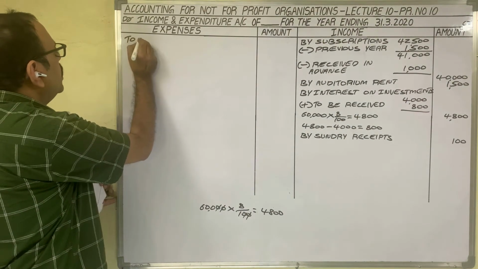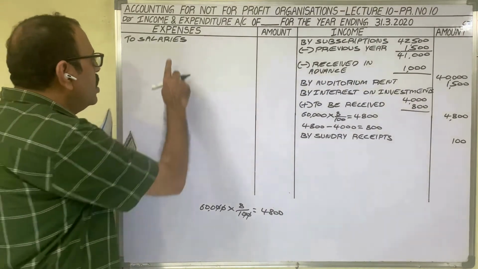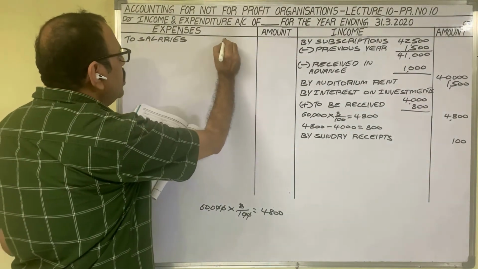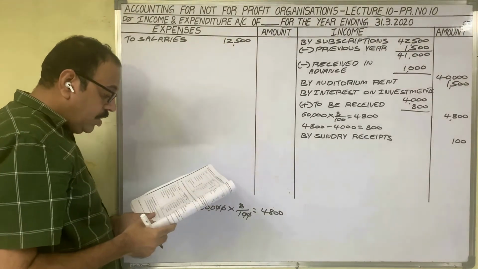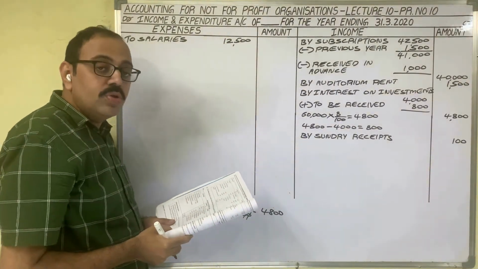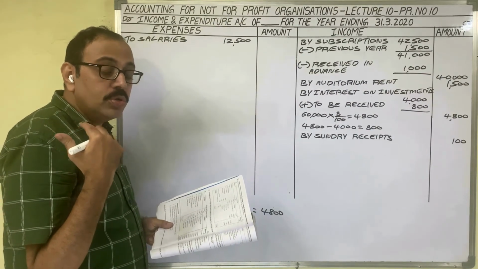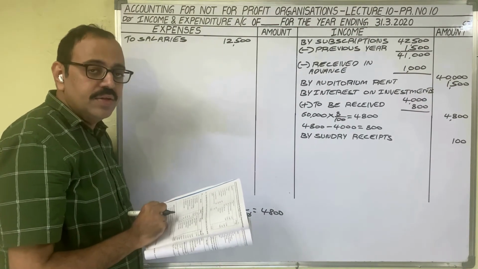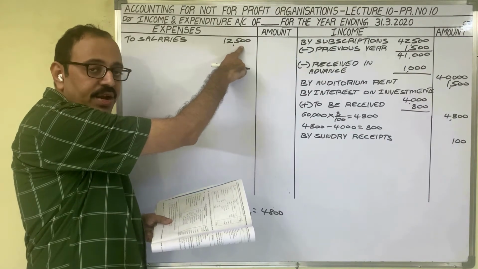To salaries. Related with the salaries, there is an adjustment. Therefore, salaries amount in the inner column, 12,500 rupees. In brackets, he is giving, including last year amount, 2,000 rupees. So last year, the firm had to pay 2,000 rupees salary. That amount is paid in the current year, so that 2,000 is also included in this 12,500.